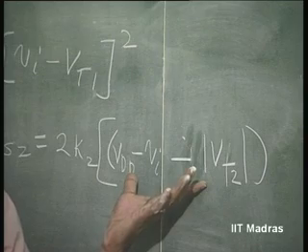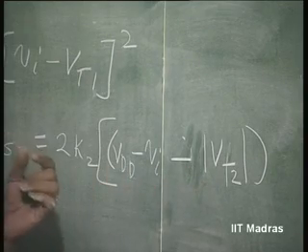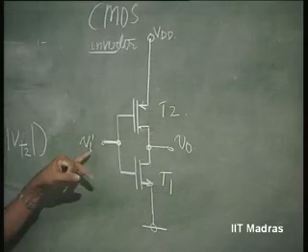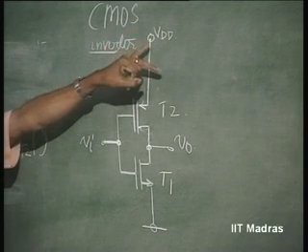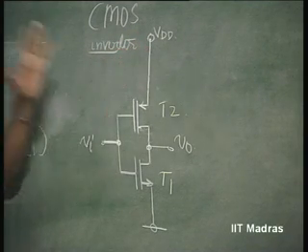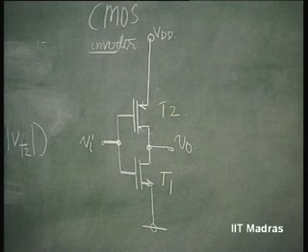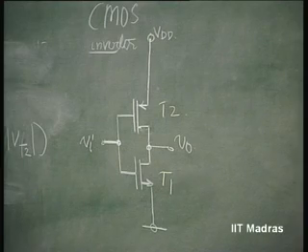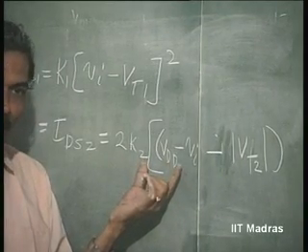Is this clear? Or else you should have put it as VGS, which is VI minus VDD minus VT2, that is all, sign being taken care of properly. Here, in order to prevent any confusion, I am putting all quantities as positive.